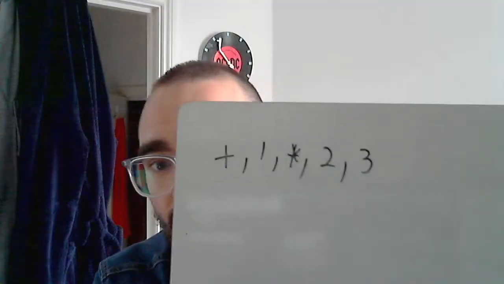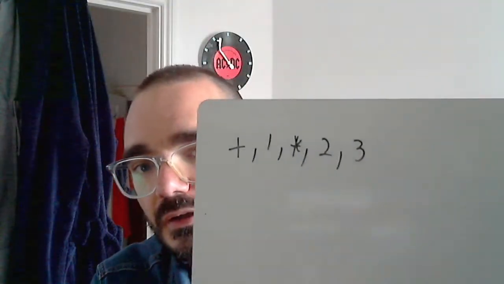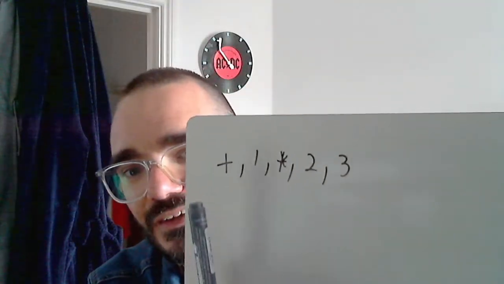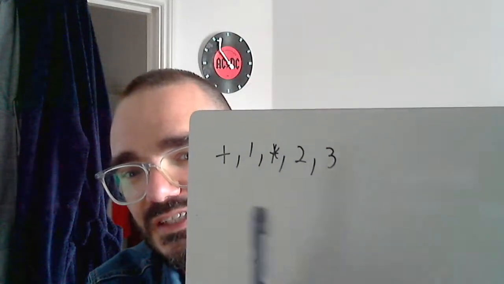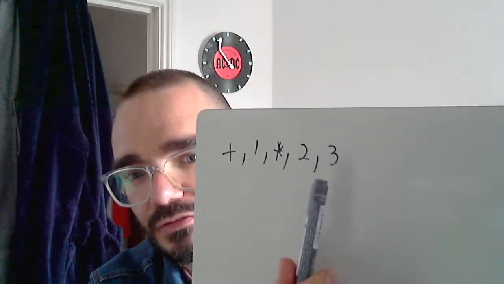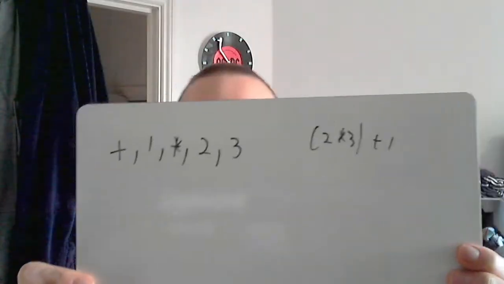So let's say I've got plus with commas, 1, multiply 2 3. Left to right. So we multiply 2 by 3, so this is 2 by 3 plus 1, in human language, in infix.